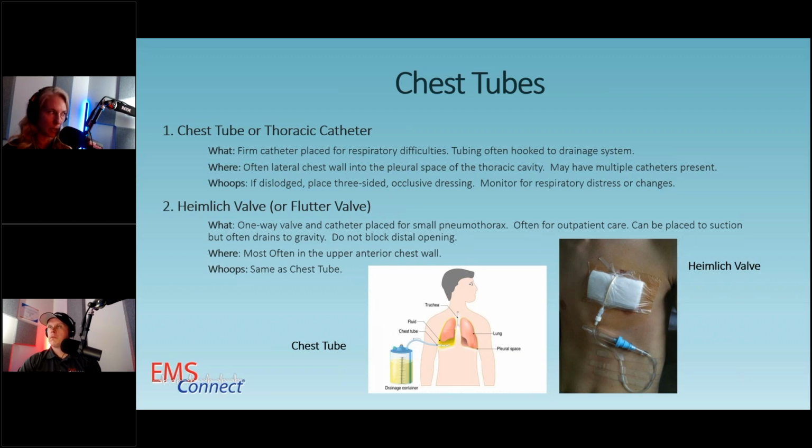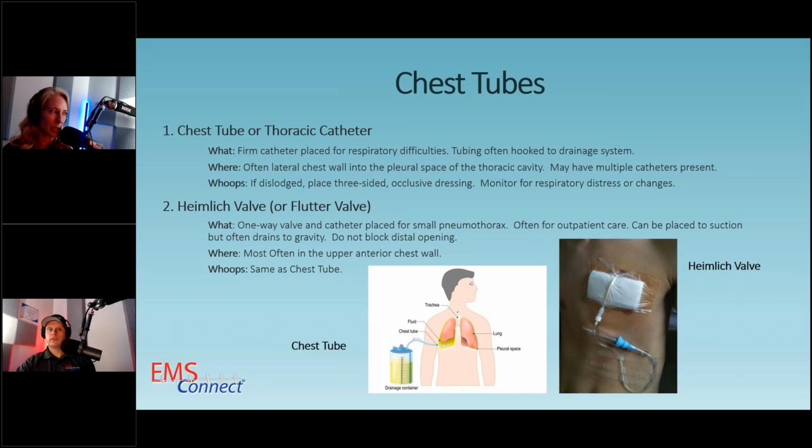So what if the patient is snuggled in with blankets and sweatshirts and they've covered that end of the flutter valve, and there's no way that air can be expelled out of the end of it? So it's important to know the equipment, knowing what you're looking at, that that's a flutter valve, or by brand name a Heimlich valve, and knowing what the patient shouldn't do with it, like covering that end up. And knowing that if you see that, like in the images there, it is for a small pneumo that's being resolved at home.